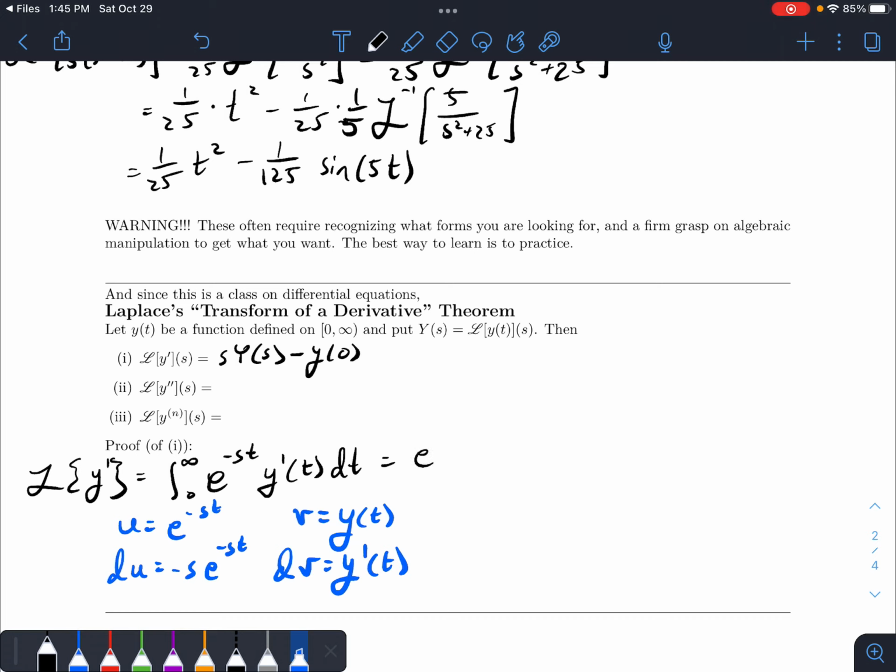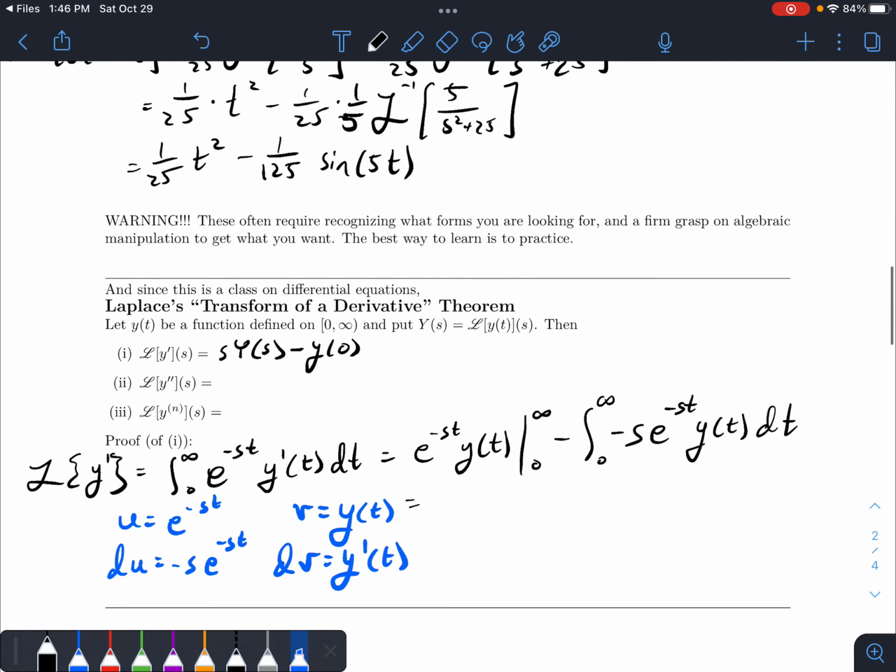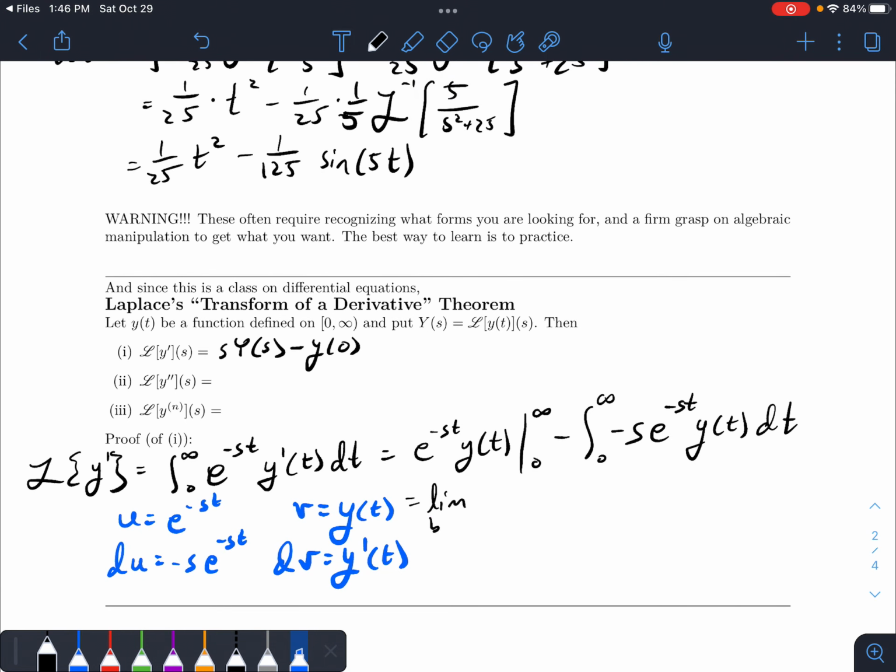All right, so applying our formula, this will be uv, and this is really evaluated from 0 to infinity, right? And minus the integral of v du. v is y of t, du is negative s e to the negative st. Okay.